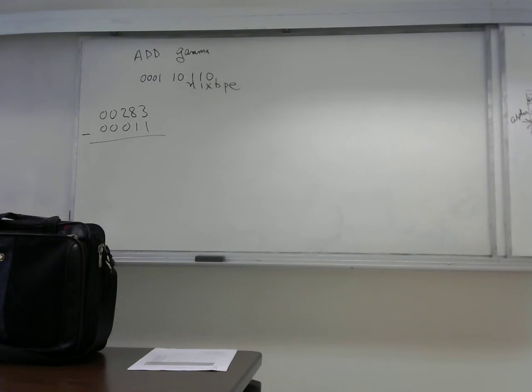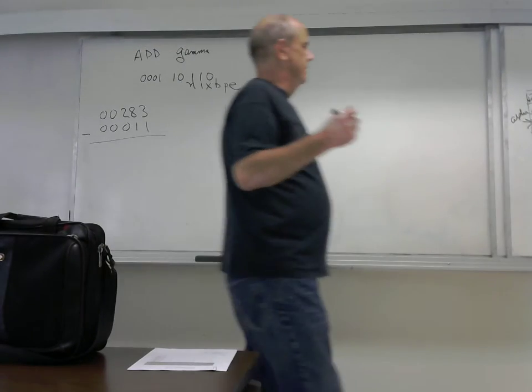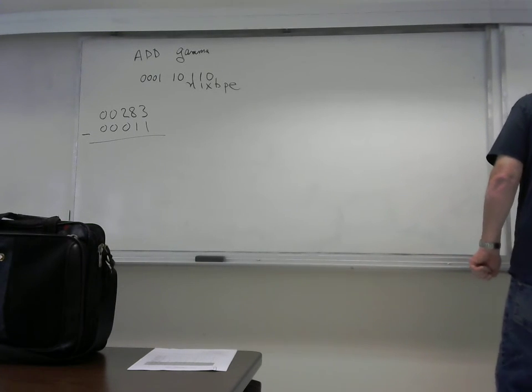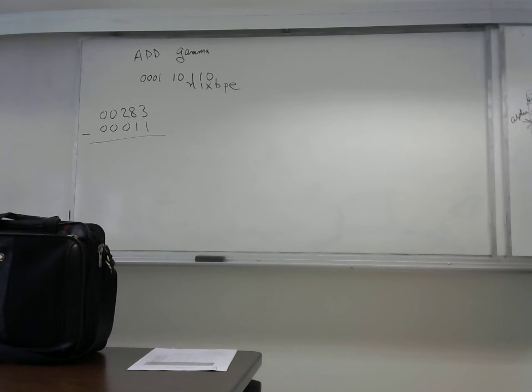So the formula is offset or displacement is equal to where you're going, the destination address, minus the PC, or the destination address minus the source address plus 3.